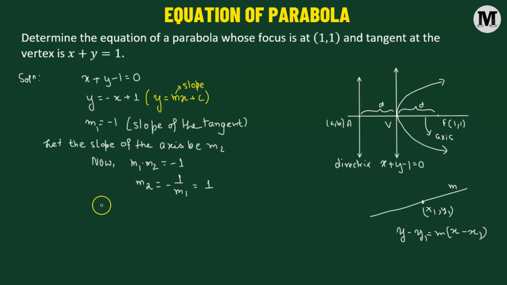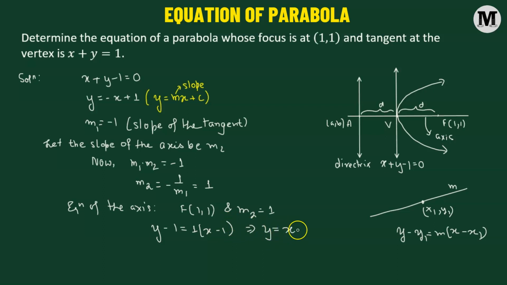Therefore, the axis passes through the point (1, 1) and the slope is m2 = 1. So the equation will be y - 1 = 1 multiplied by (x - 1). This means that y = x. So this is the equation of the axis line.